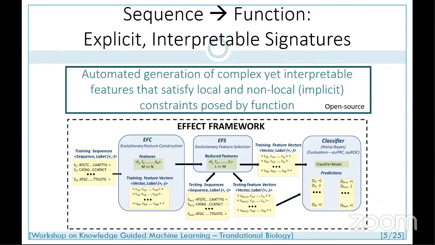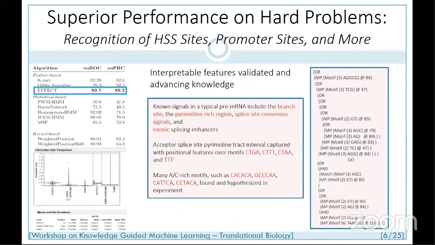And we were able to put together a full framework, which we call the effect framework. I can't tell you now what all the letters stand for, but it was something about features and evolutionary computation at the time. And the framework really outperformed many of the methods at the time. It produced features with very high information gain. And more interestingly for us, it gave very interpretable features. If you see here on the right, you can see what the feature is, and a biologist can read off it and say, okay, so it means either a motif at this or a motif at this, and so on.